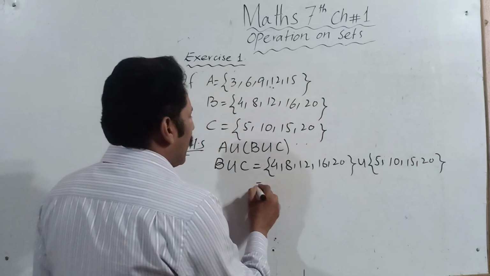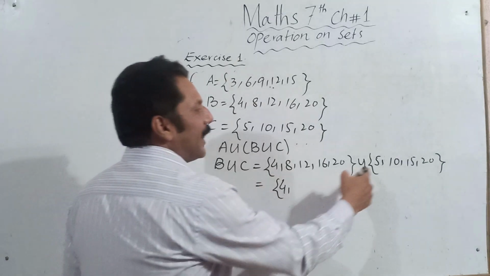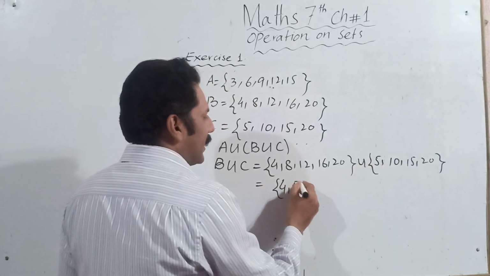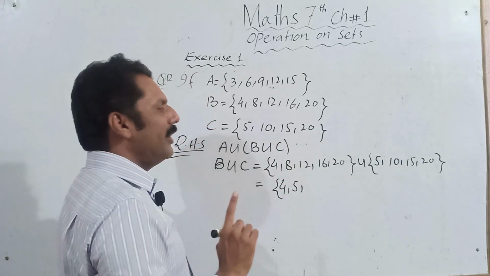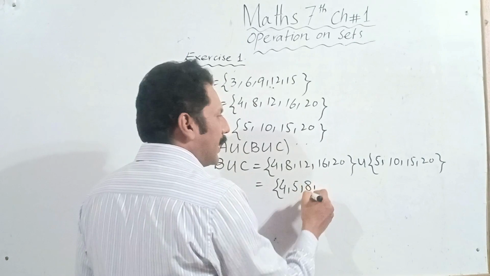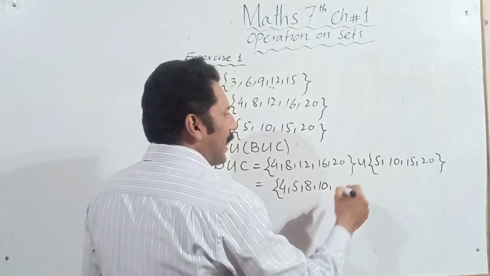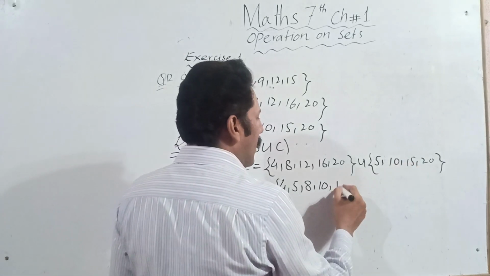Now we will combine these two sets. I will write 4, then I will write 5, because we are writing the elements in order and we will not repeat any element. Then next 8, then 10, then 15.